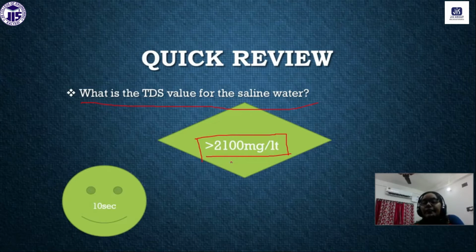Saline water, like seawater. In seawater there are many salts, and we cannot consume it. Because there are so many salts, sodium chloride, potassium chloride, calcium chloride, these are some of the salts dissolving into the water, and the water is getting saline. Understand?